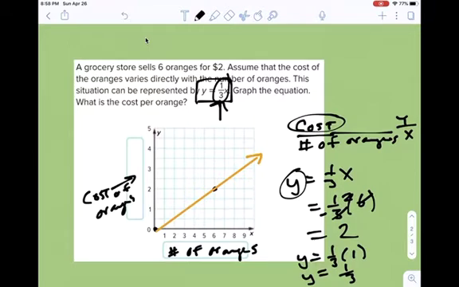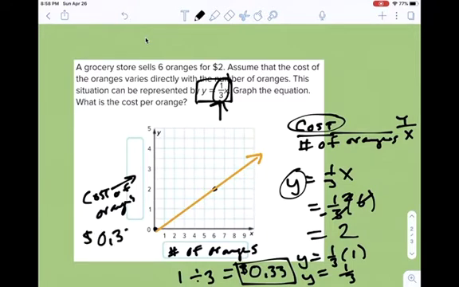Put 1 divided by 3 in your calculator and you get 0.33 repeating. With money, you only go out 2 places, and you round if you have to. In this case you don't have to. So the cost per orange would be 33 cents. That's not exact, but it's close enough for what they need.